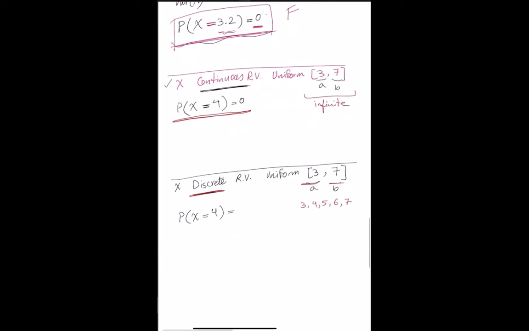So the x can get only 5 possible values. So then we can definitely say probability of x equals to 4 definitely has a value, and we are going to find what is that. So if it's discrete, this probability is a valid probability and has a value. If x is continuous, this probability is always equals to 0. So now tell me, for a continuous uniform random variable, what is f of x? What is the formula for f of x, which is probability density function?